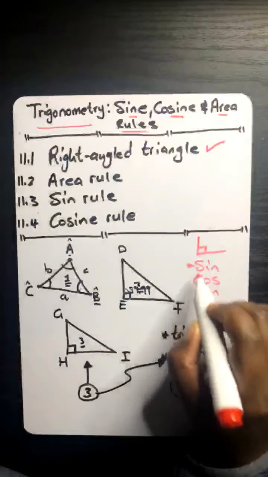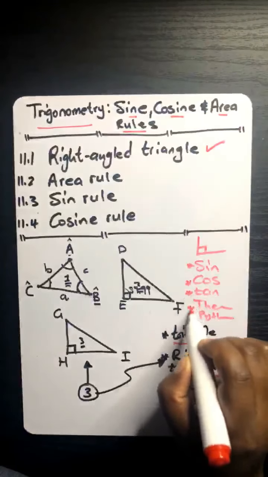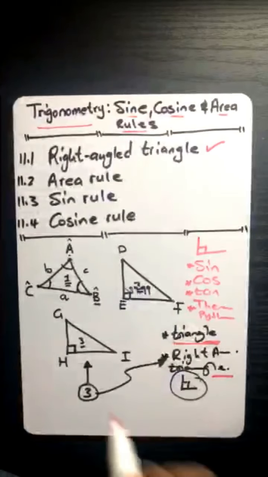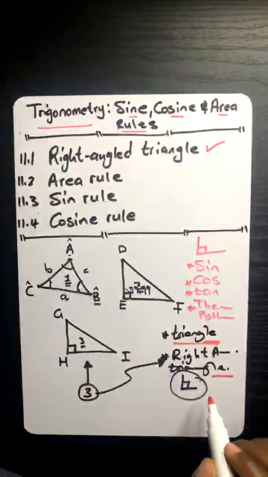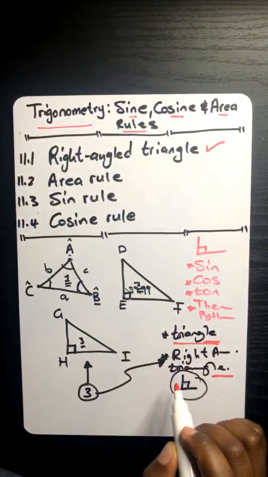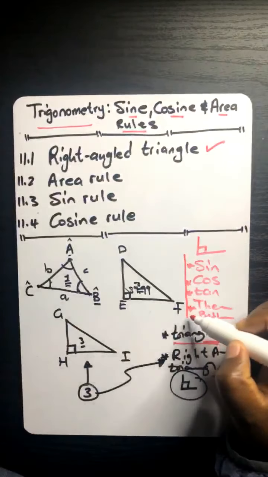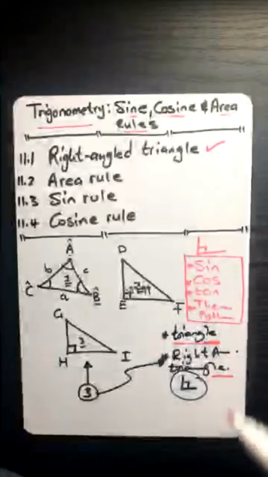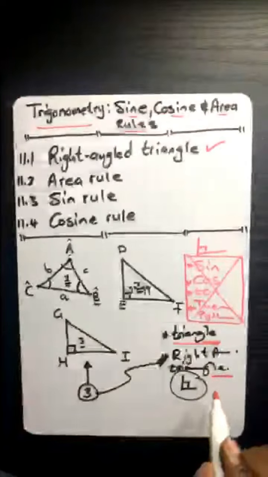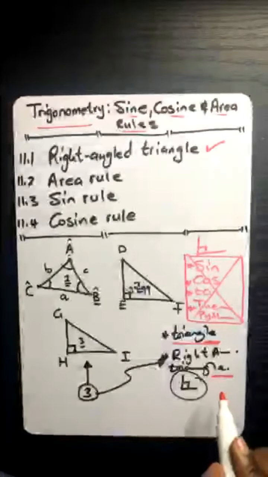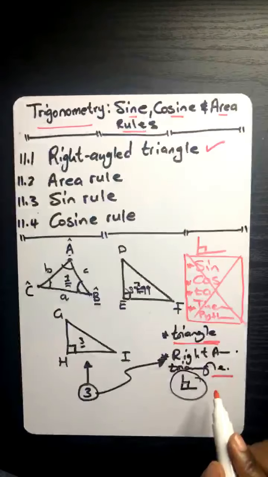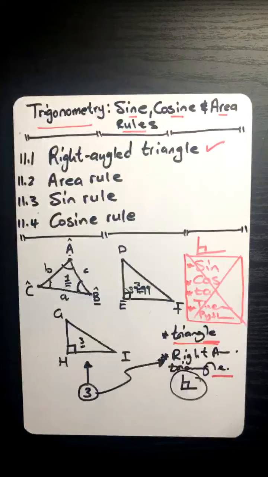So that means we can use 1, 2, 3, 4 things only if you are dealing with a right-angled triangle. If it is not a right-angled triangle, you can never use these 4 things. But in today's lesson, I'm going to teach you exactly what you can use in case you are not dealing with a right-angled triangle.